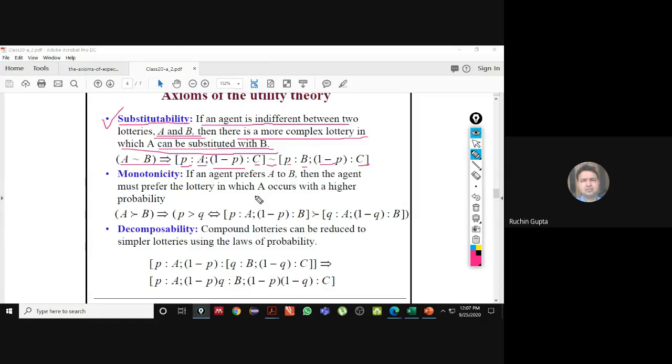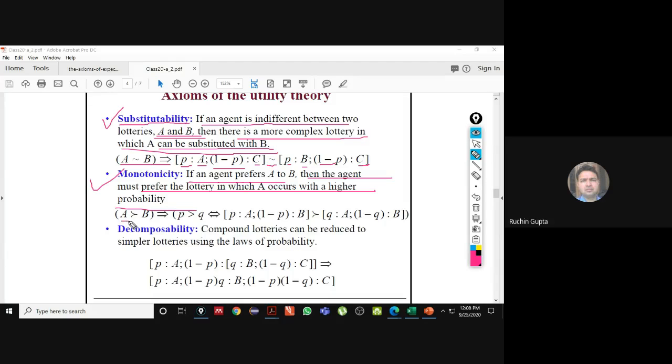Then we have this monotonicity property. If the agent prefers A to B, then the agent must prefer the lottery in which A occurs with a higher probability.